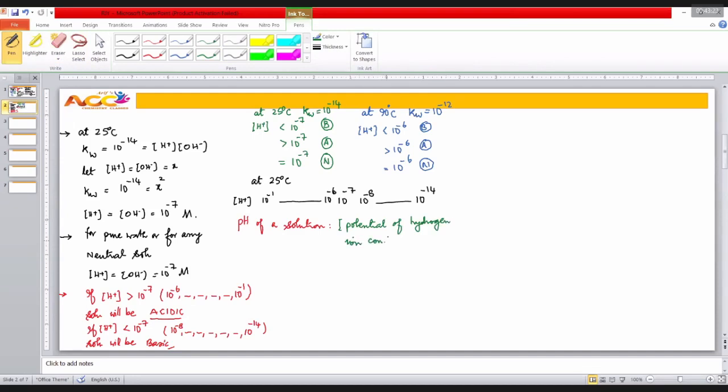Sir, what is the meaning of this word potential? Go back to your physics class. What is potential? It is called level.